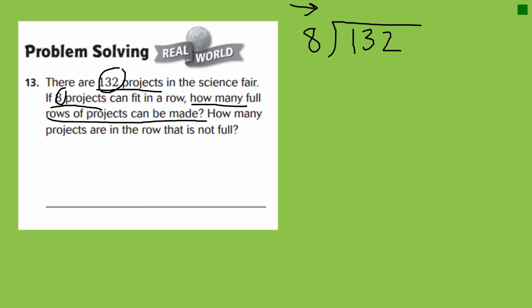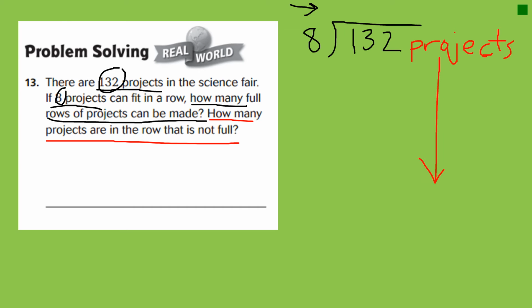But what about this one? How many projects are in the row that is not full? Let's see. I'm going to write the word projects right here. That helps me sometimes because then I remember that every number down in this row, it's projects.